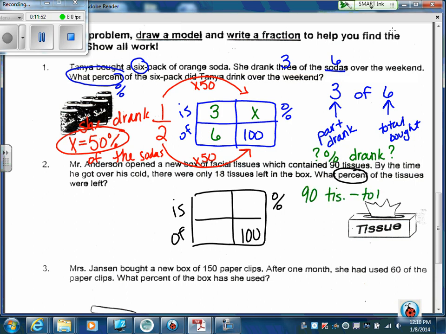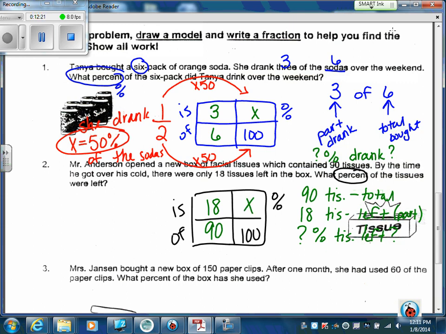That's my total. 18 tissues were left in the box. The question is the percent of tissues left. Well, my question is dependent on my part, so I don't have to change anything other than just put it into my table. 18 out of 90. We don't know our percent.